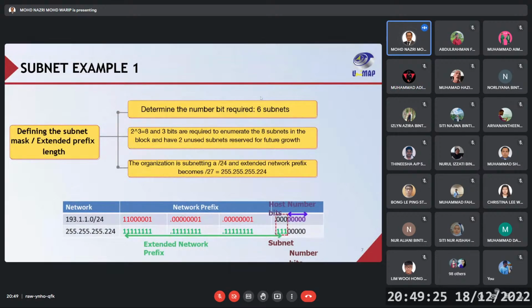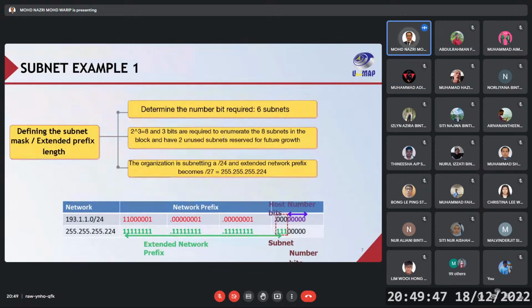Because the company requires 6 branches, the nearest is 2 power 3, which gives 8. So 6 for existing branches and another 2 reserved for future use. We cannot use less. We need at least 6 plus.